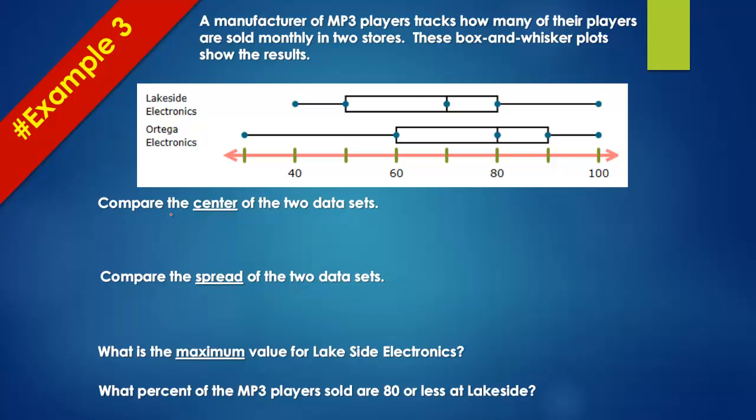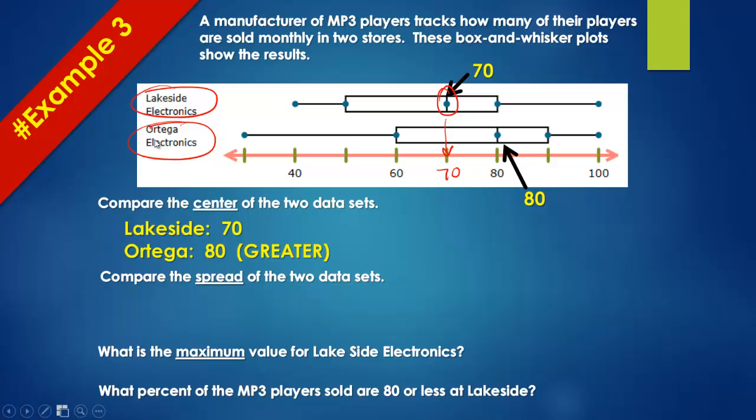So we want to compare the center of the 2 data sets. The center is the median. So in this one, if this is 60 and that's 80, this has to be 70. So Lakeside is 70 because this is Lakeside Electronics, and Ortega Electronics has their median set at 80, which is greater. So Ortega has a greater median or center.